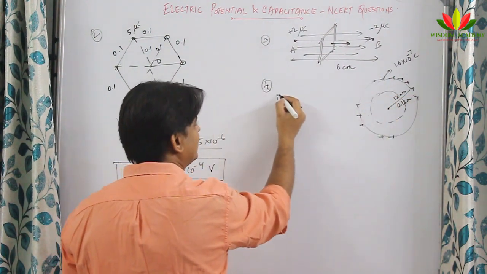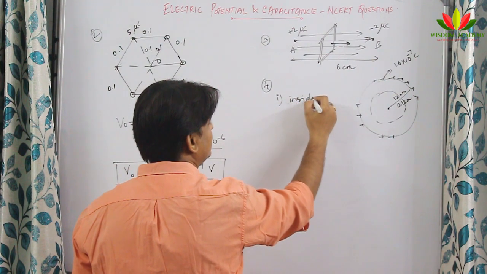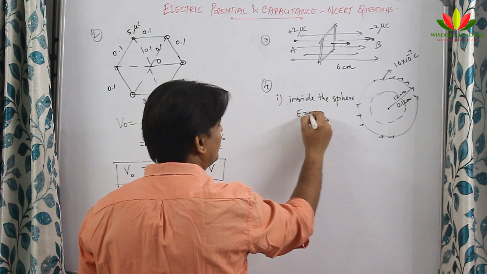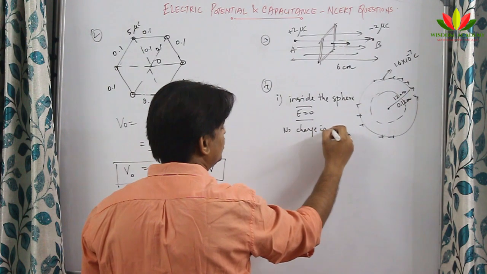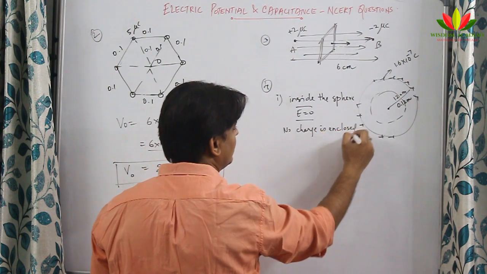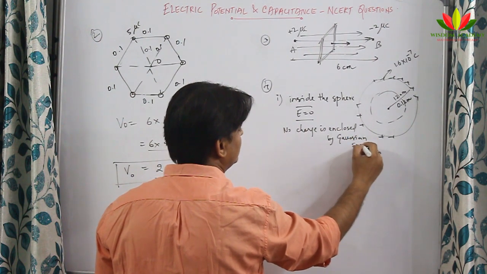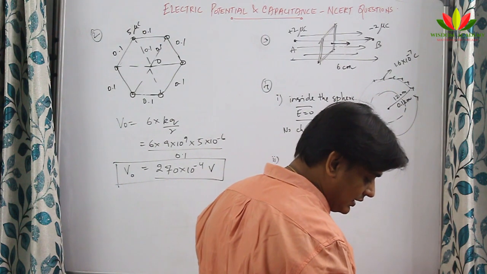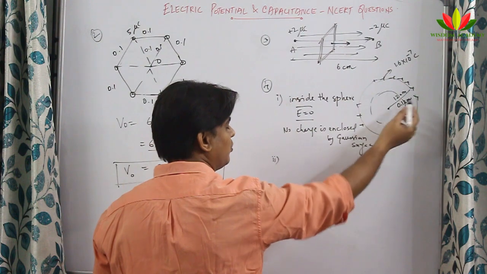So the first case, inside the sphere: what will be the electric field? It will be 0, because no charge is enclosed by the Gaussian surface. Then the second part: just outside the sphere, the radius will be 0.12 meter.